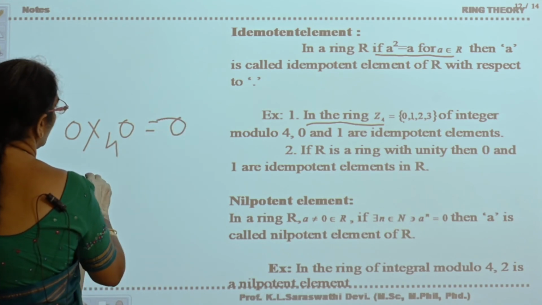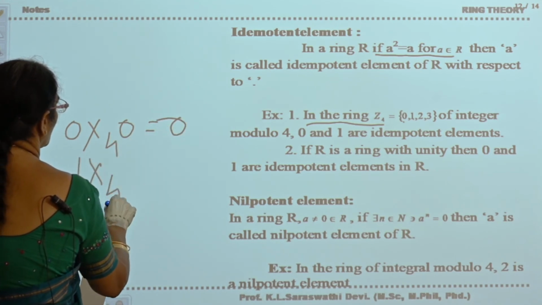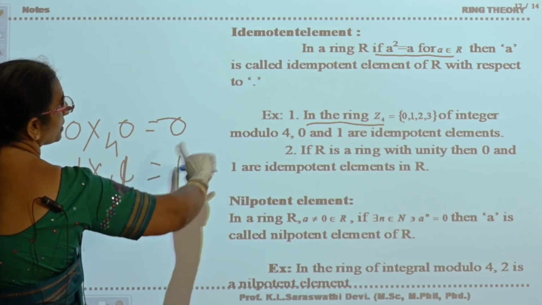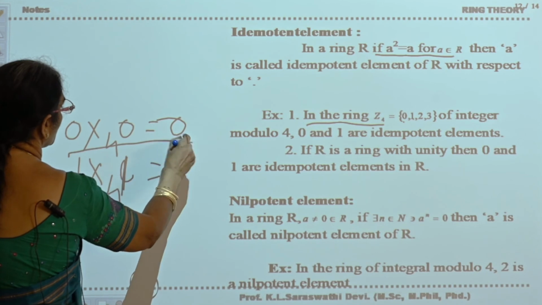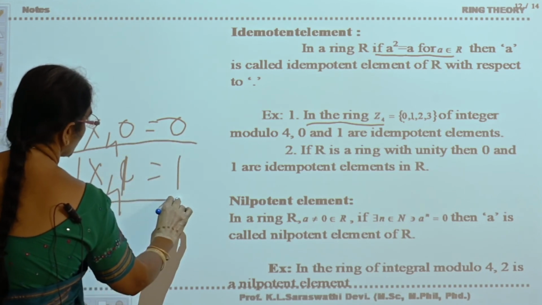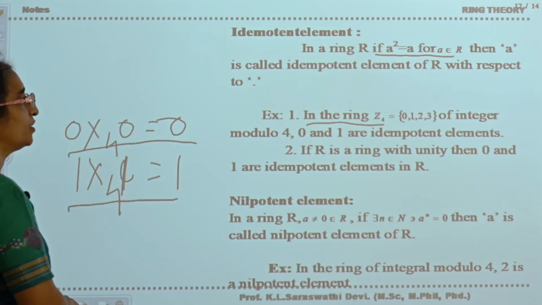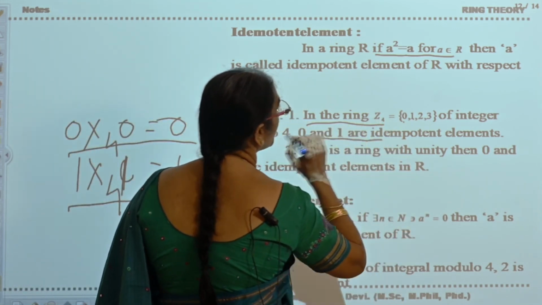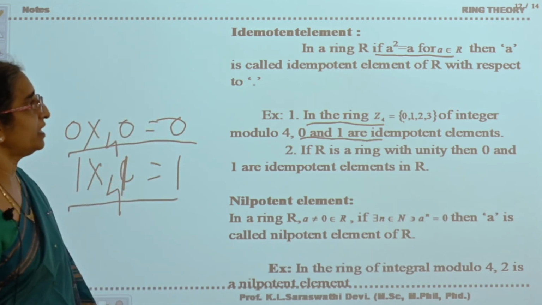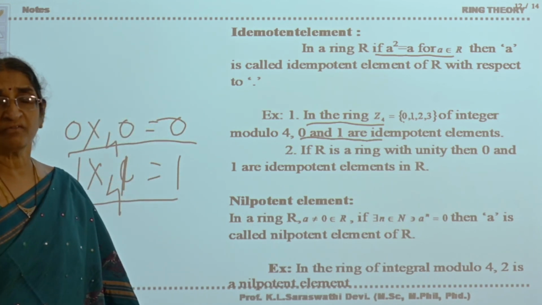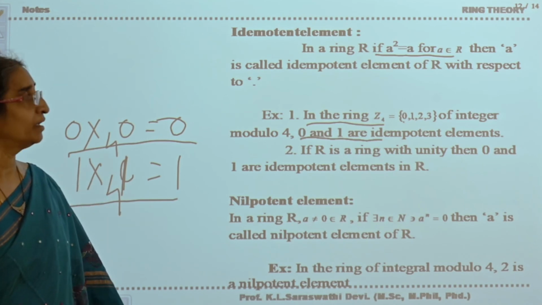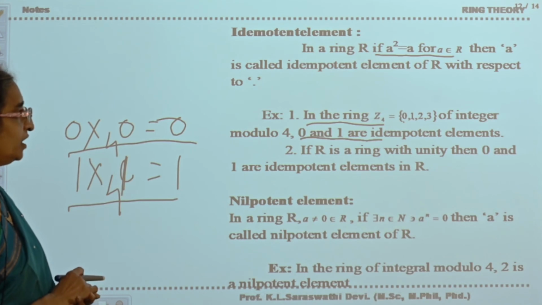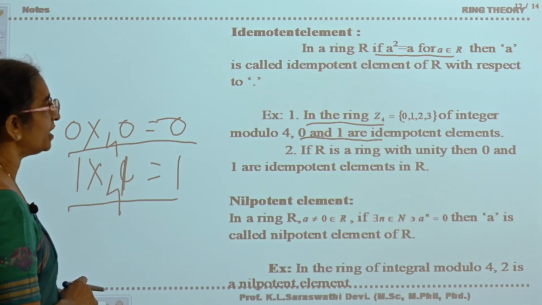Similarly, 1 multiplication modulo 4, 1 is equal to 1. So A square is equal to A, and in this ring 0 and 1 are idempotent elements. Is it clear?